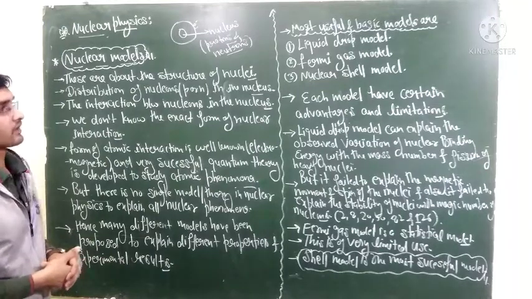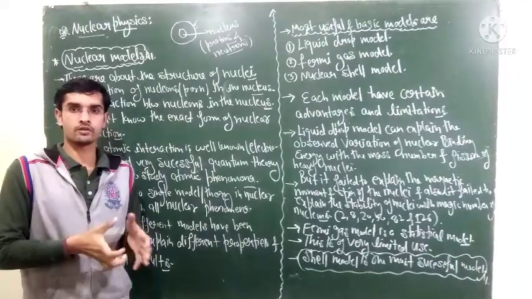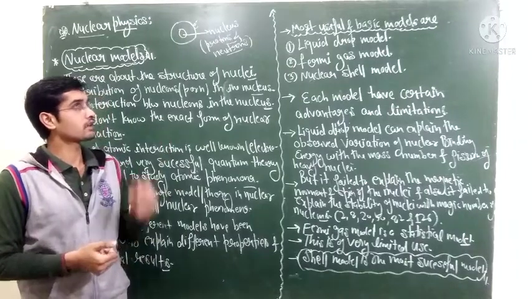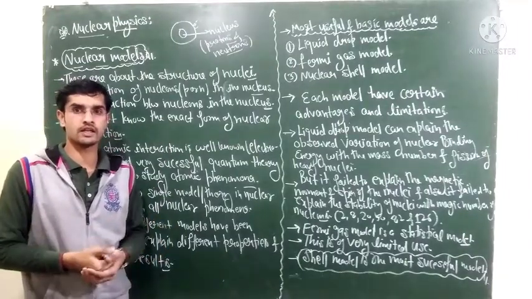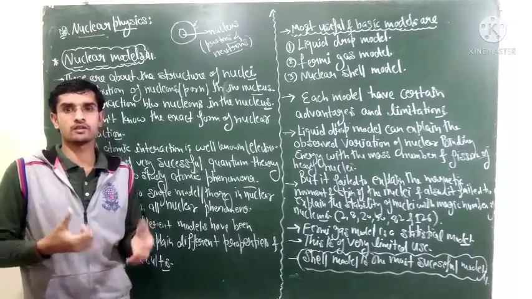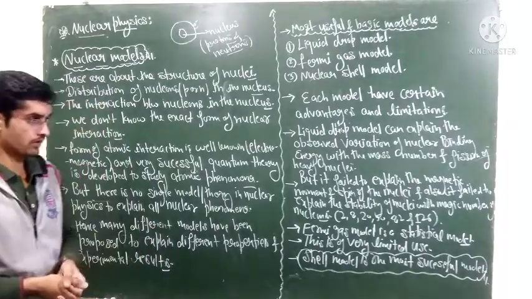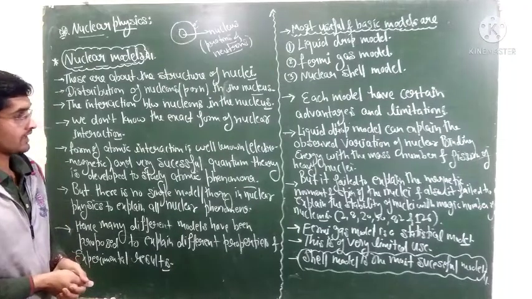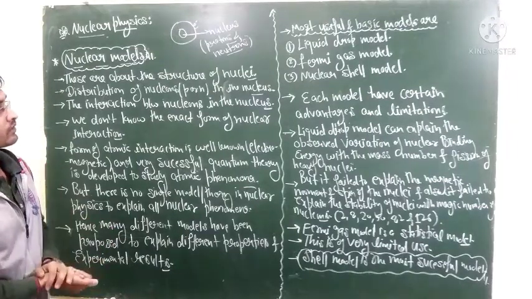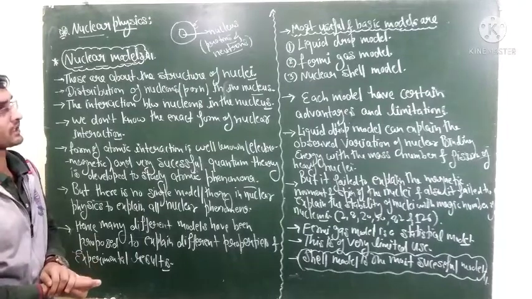Because neutrons and protons are fermions, in the Fermi gas model we will use Fermi-Dirac statistics to calculate the energy levels and so on, so that we can compare the theoretical predictions with experiments. All that calculation we will do in the lectures on the Fermi gas model.